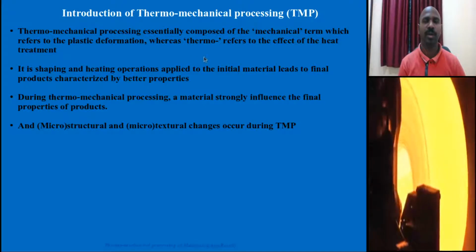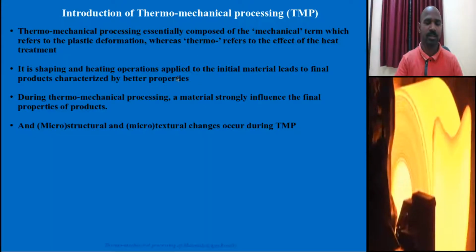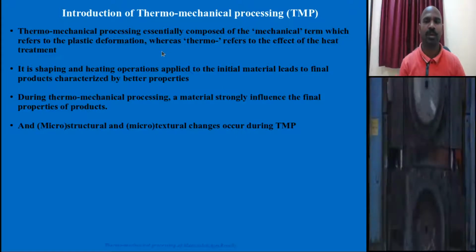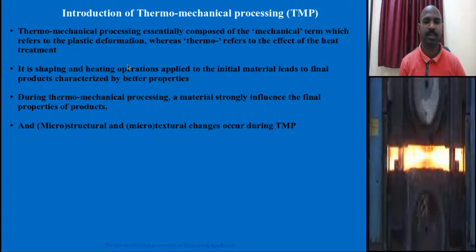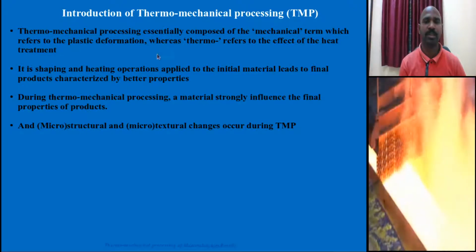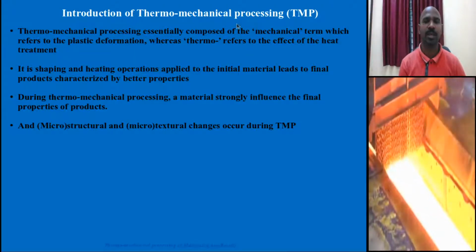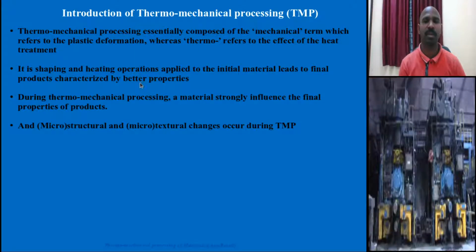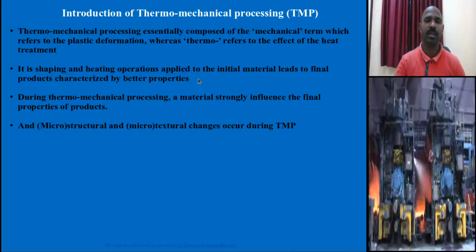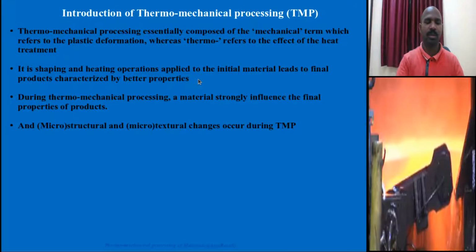For example, in hot rolling, the final product will have better properties. If you compare the strength and ductility, they were poor for the as-cast samples. After the TMP process, the properties were better, meaning the strength and ductility are improved.